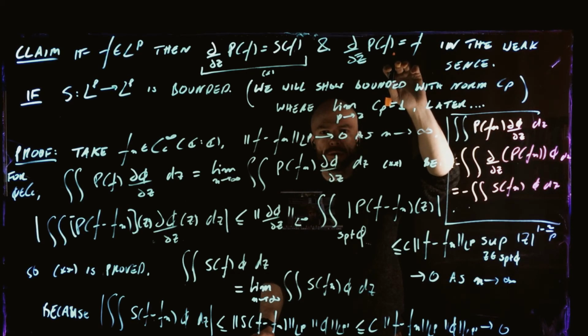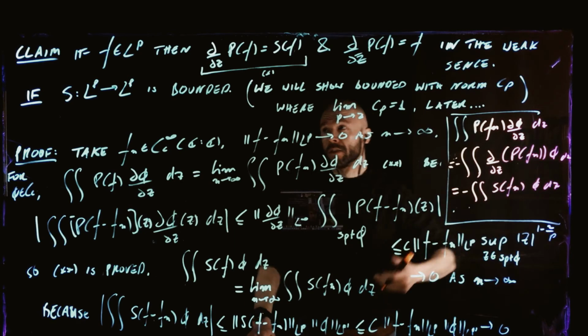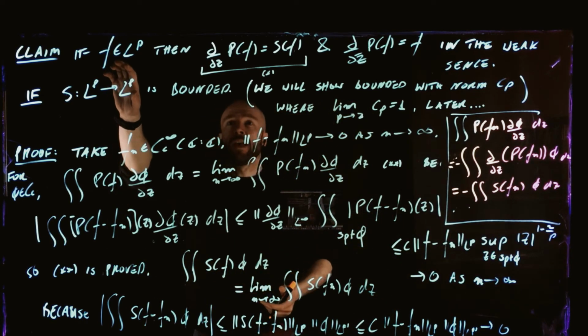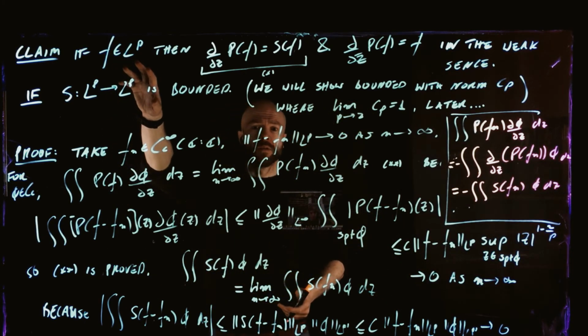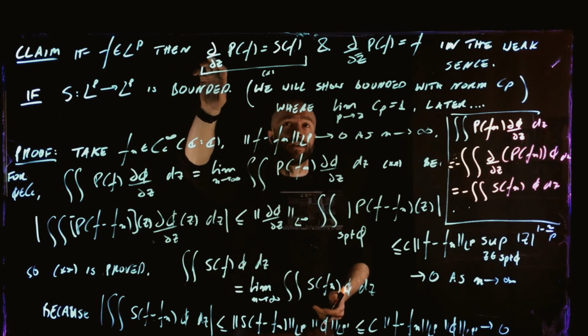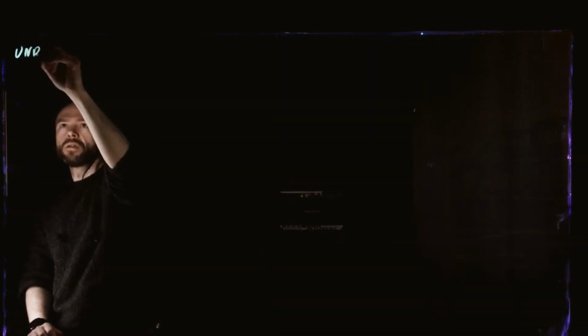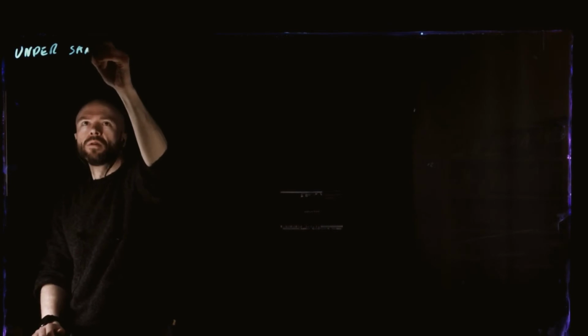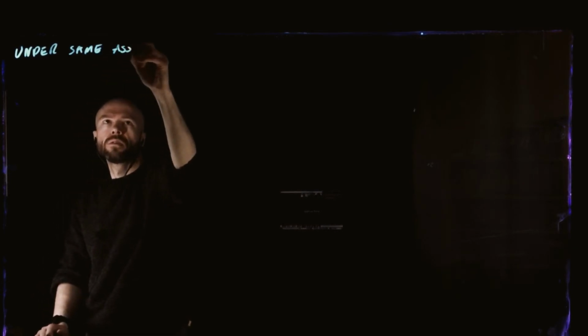Yeah? Cool. So then this gives us that we can apply this to any f which is in LP, right? We are now able to apply this to f in LP under the same assumptions.